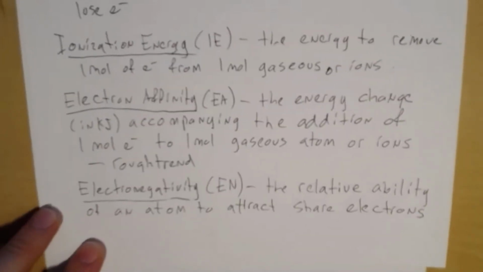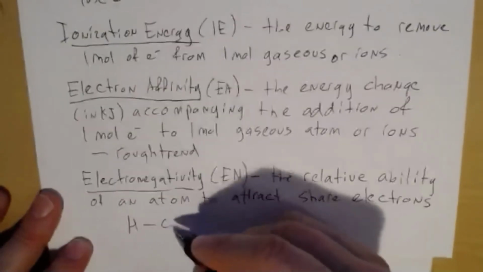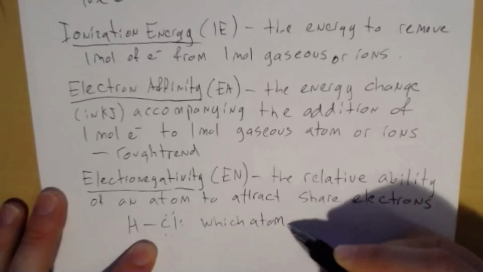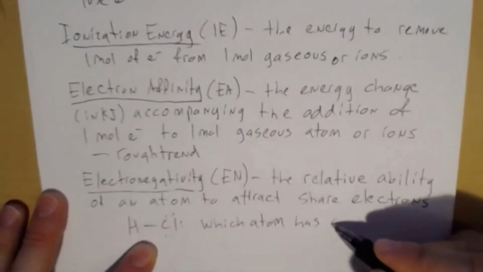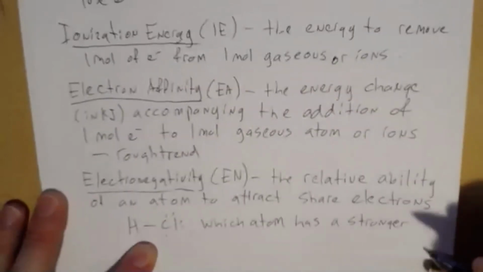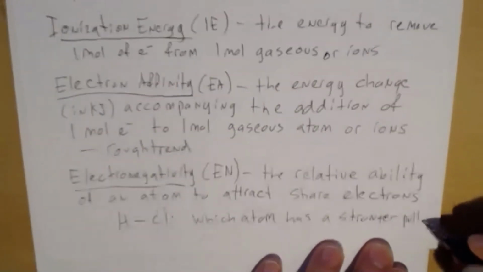How they measure this, I'm not sure exactly, but we use this chart for eons. So meaning if I have electrons in a bond, like hydrogen and chlorine, which atom has a stronger pull?